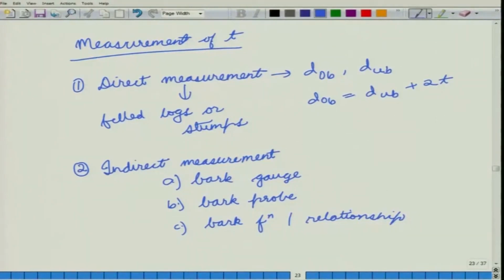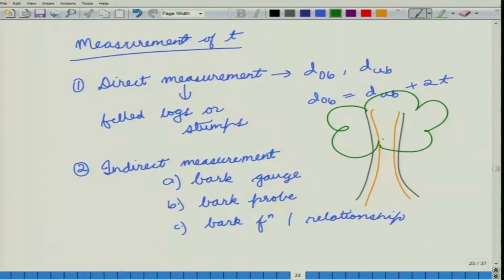Now you could also ask that suppose we have a tree and it has a bark outside, could we not just take a sample of this bark and then measure its thickness, say using vernier calipers for instance, or by using a screw gauge?